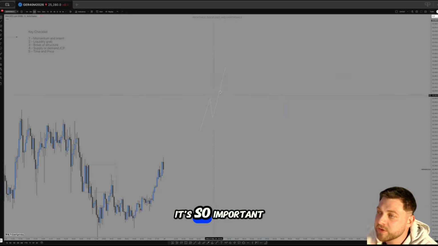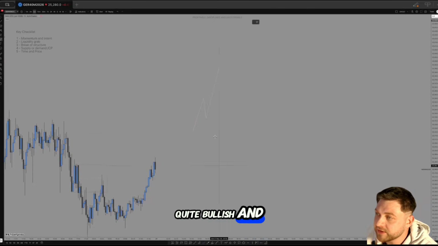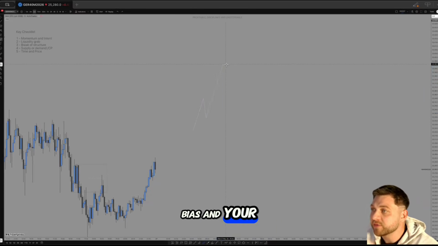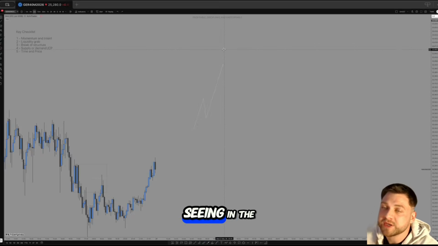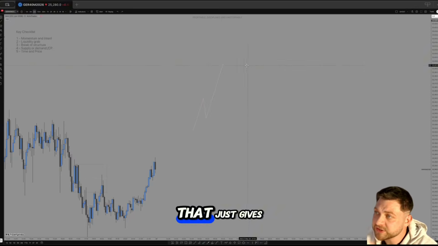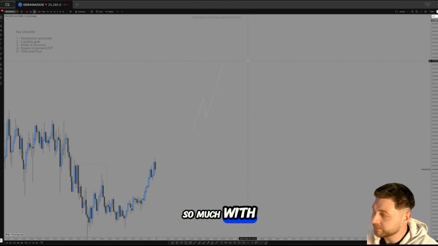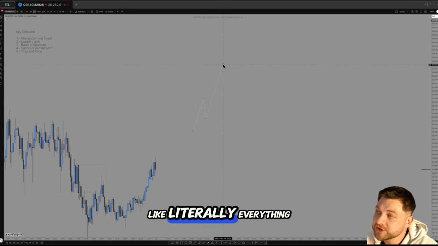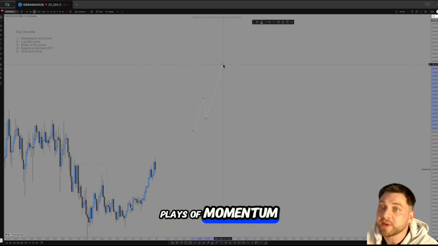And that's why, if you see price pushing quite bullish and you see the intent is to the upside, always align your buys and your position with what you're seeing in the price. That gives you so much more of an edge in the market. That helps you so much with your profitability in the long run, with your risk reward, like literally everything plays off momentum and intent.